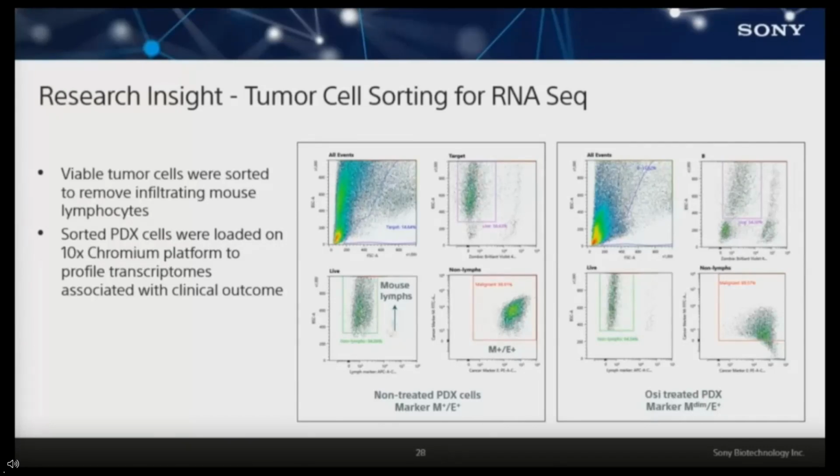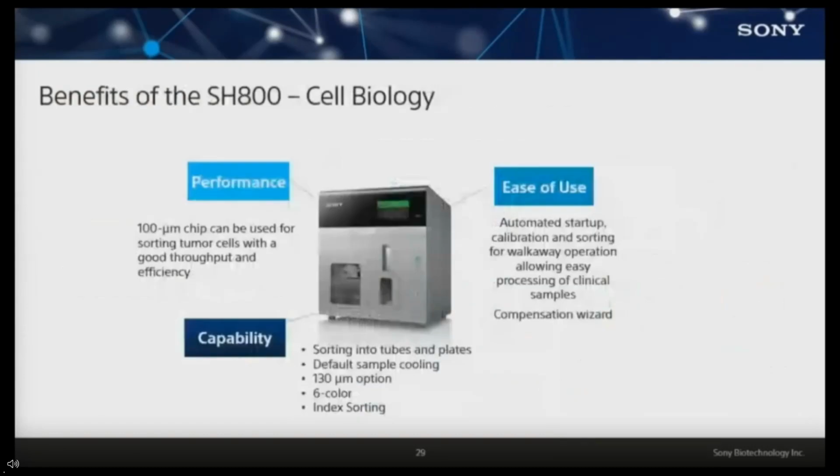That's what we're looking for. Well, you need to have a clean sample in order to get those reads. And this just really highlights isolating your cells, purifying those cells, removing lymphs, giving you a population that you can then sort and get your genomics data.